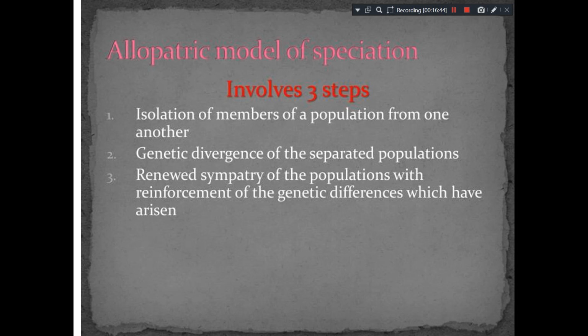Then there will be genetical divergence in the separated population because they cannot allow gene flow between the main and the separated. So as a result, there will be genetical divergence of the separated population.